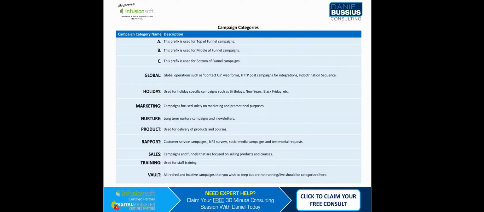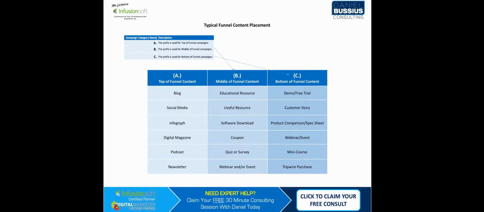Okay, so let's get into the A, B, and C prefix real quick. These are designed to sit in front of your category name, because some campaigns are associated with specific funnels.